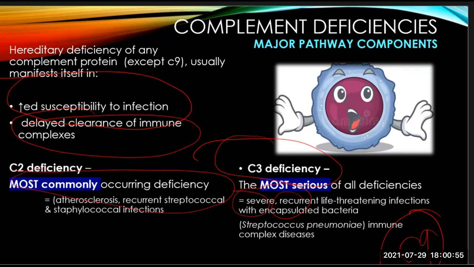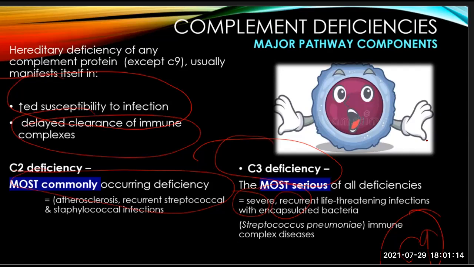Such as what? Streptococcus pneumoniae, and may also be subject to immune complex diseases. Bakit? Yung immune complexes problema ba? Yes, such complexes can be lodged in the kidneys and result in AGN or glomerulonephritis, acute glomerulonephritis.